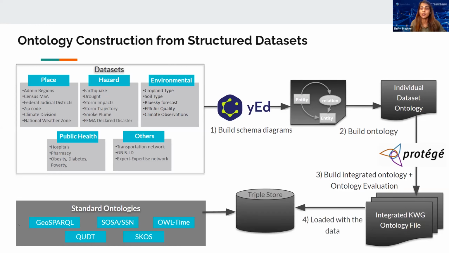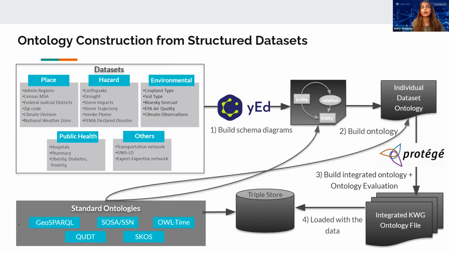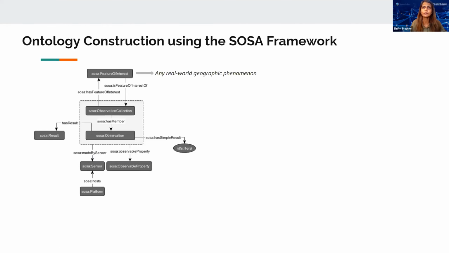The integrated ontology is finally loaded with the data into the graph repository to enable querying, reasoning, and inferencing on the data. Key to the design of all the dataset ontologies is the use of standard ontologies as a reference framework. I'll now talk briefly about how we do this using the SOSA ontology as an example.